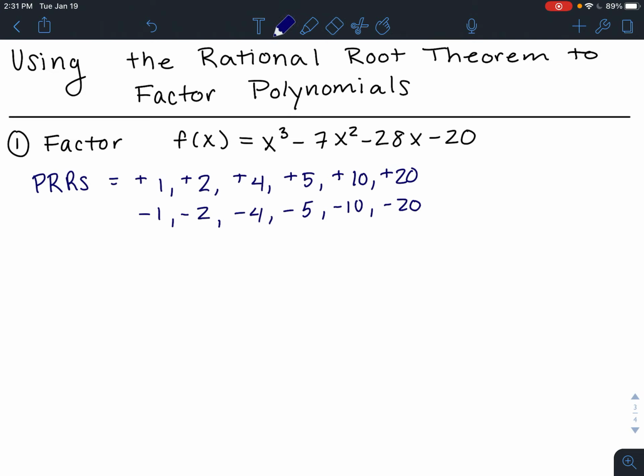So we know from the remainder theorem and the factor theorem that if you use synthetic division with these root numbers and it comes out with a remainder of 0, that number is a factor.